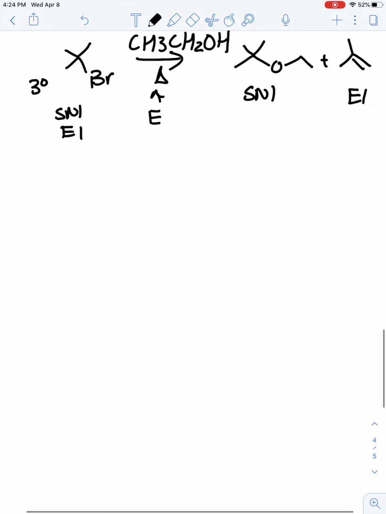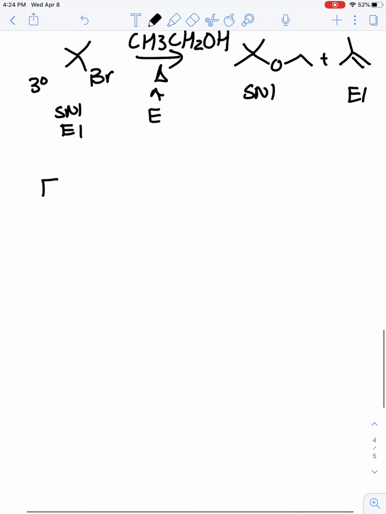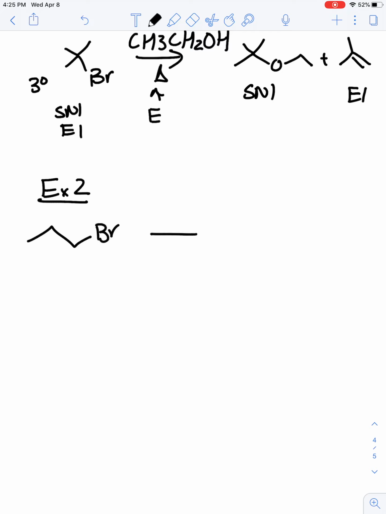If we look at another example, let's look at something like this. So this is going to be ionic, right? We have minus here, plus here. So we know that this is going to be a strong nucleophile or strong base. This is a primary carbon.